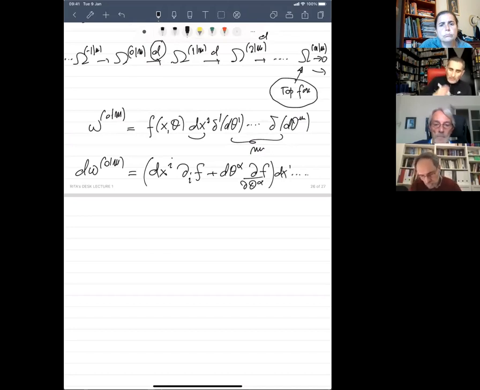Now let me rewrite this expression. This expression will have terms proportional to dx1 or dx^I. These terms give two results.